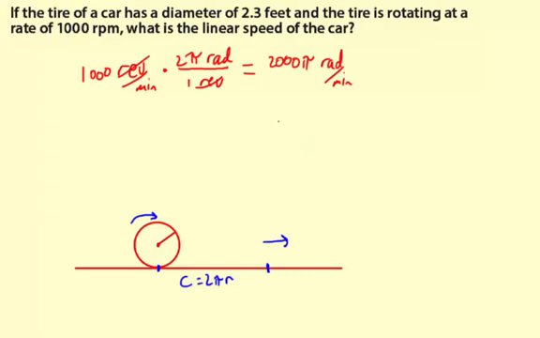Now let's find the linear speed. All you need to do to find the linear speed is take the angular speed and multiply that by the radius. So in this case, we're going to have 2,000 pi radians per minute times the radius, which is half the diameter, 1.15 feet.